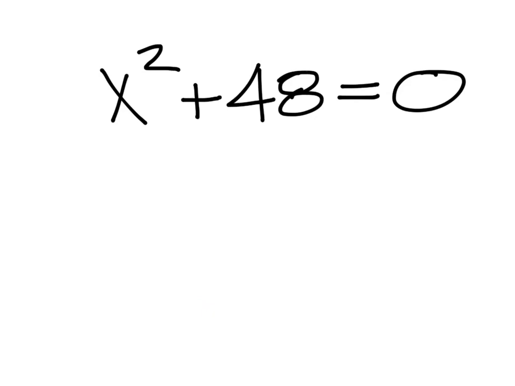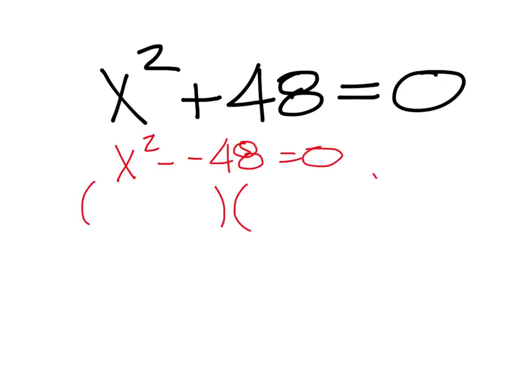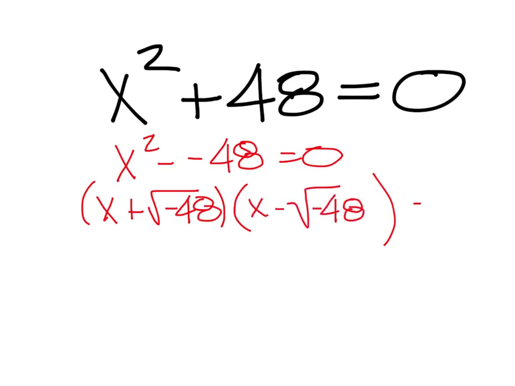On the practice problem, x squared minus a negative 48 equals 0. Break it up, and it's going to be x plus the square root of negative 48, x minus the square root of negative 48. And then you're going to take out the i.